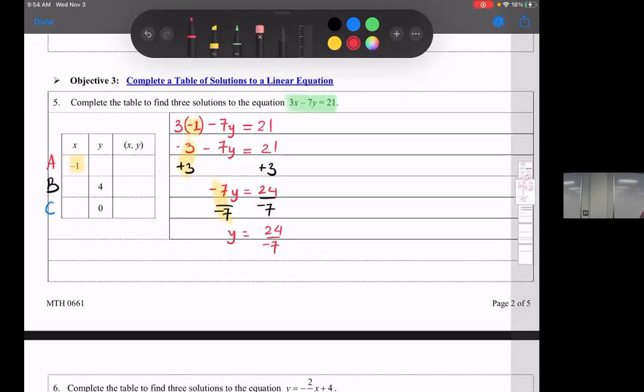So on point A, x is -1, y is 24 over -7, and they want you to give it as a point, x comma y: -1, comma 24 over -7. You get the gist, right? Just plug one in to figure out the other.